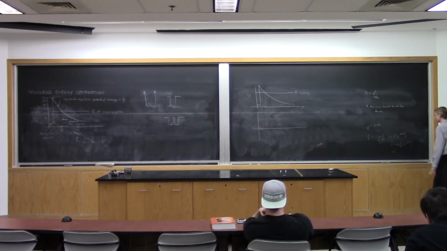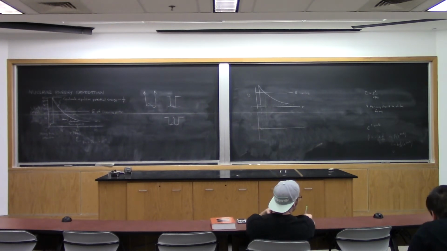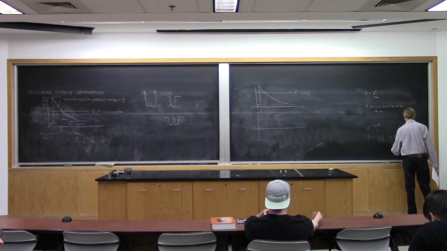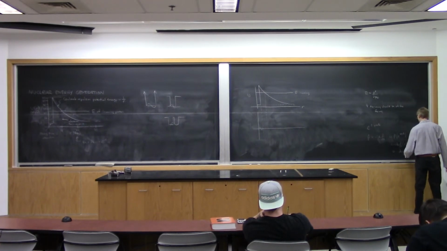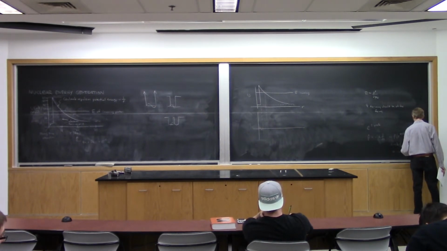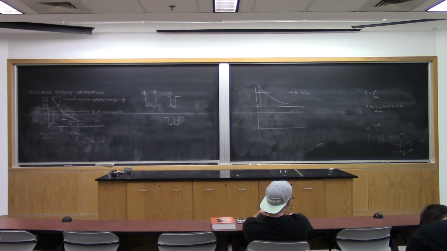What's the derivative of e to the ipx over h bar? This is minus i h bar times ip over h bar, e to the ipx over h bar. The h bars cancel, minus i squared is 1.